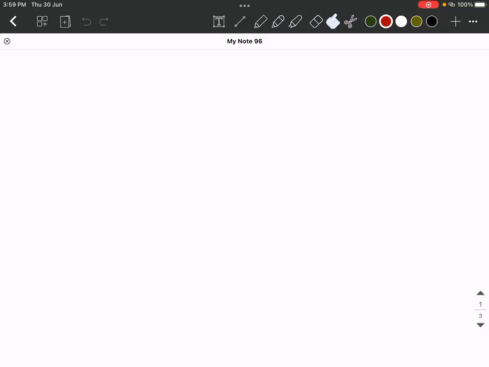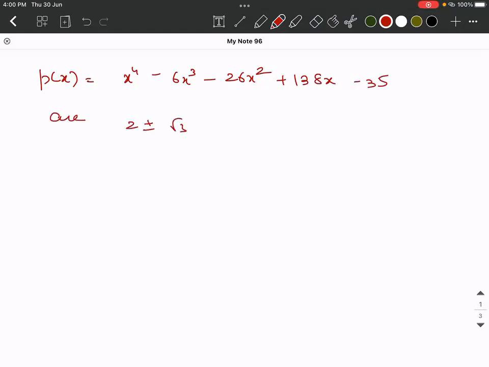Two zeros of the polynomial p of x is equal to x power 4 minus 6x cube minus 26x square plus 138x minus 35 are 2 plus or minus root 3.